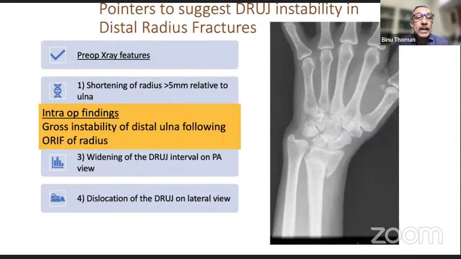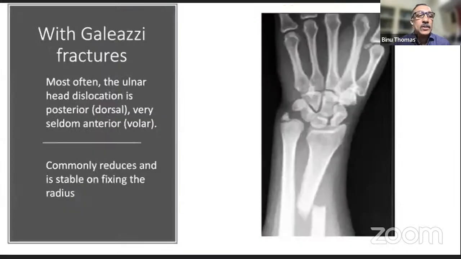Intraoperatively, after fixing the ulna, we always test for gross instability. In fact, preoperatively, if you check on the other side, you may have an assessment of how unstable the ulna is. And if it is unstable, generally we do a K-wire fixation. Now with Galeazzi fracture, usually they are stable.